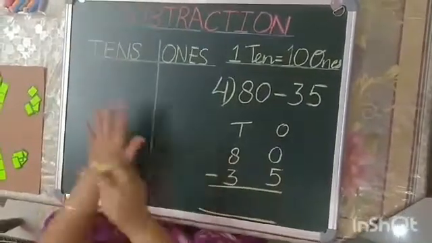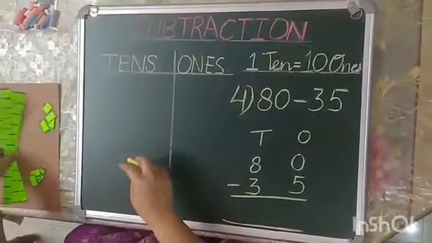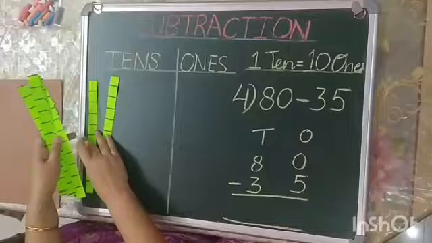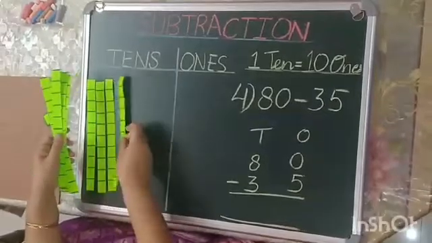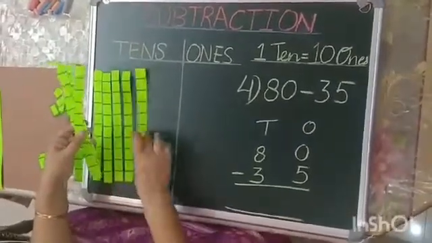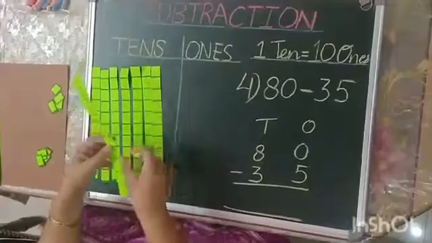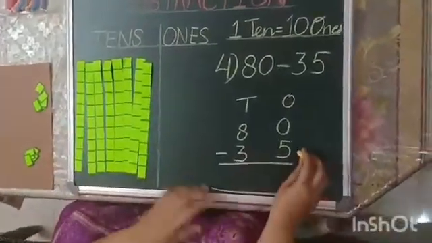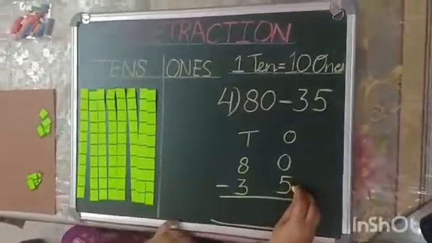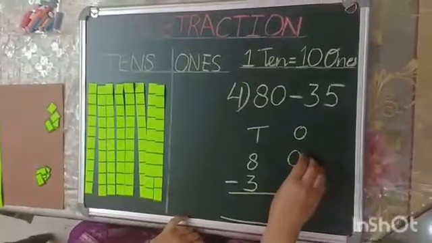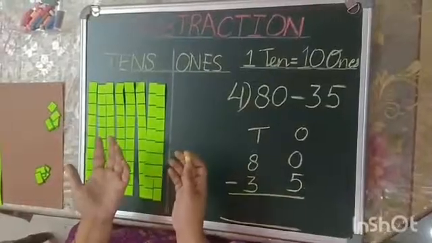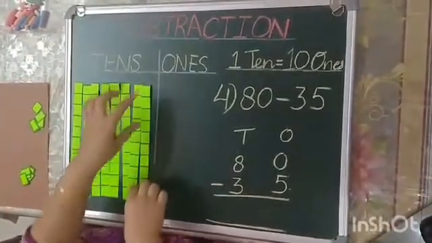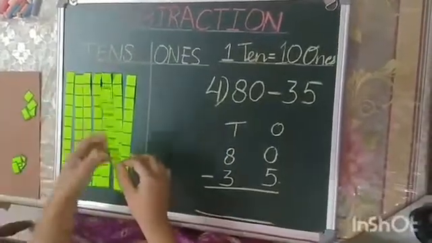In the tens column, how many tens are there? There are 8 tens. 1, 2, 3, 4, 5, 6, 7 and 8. Now what do I have to subtract? I have to subtract 5 from 0. Children, this is not possible. So I will move next door and ask for 1 ten.